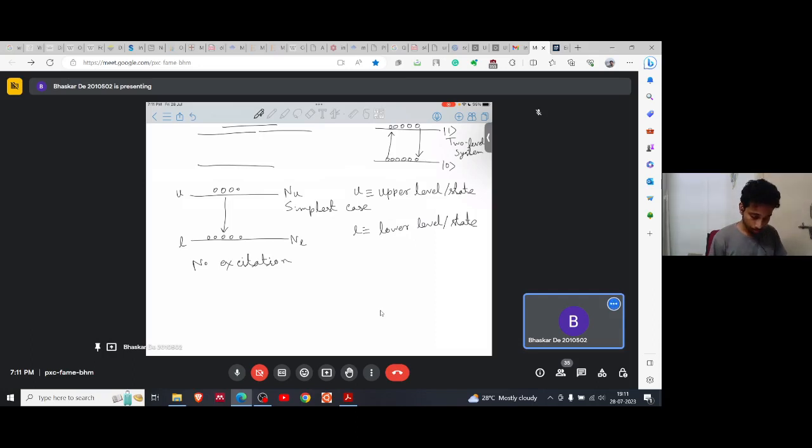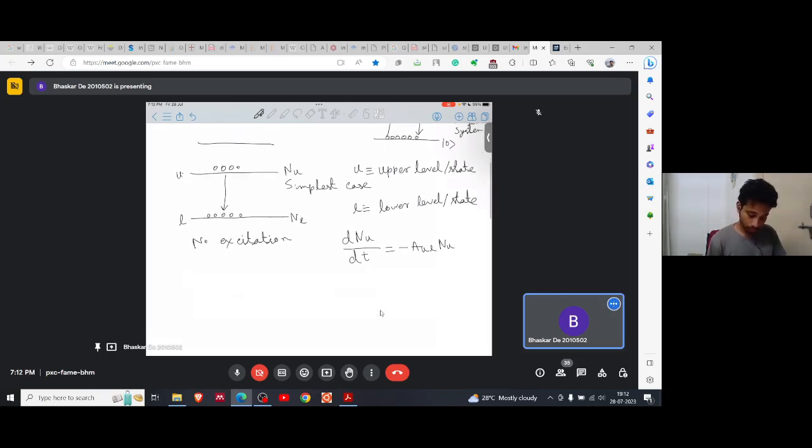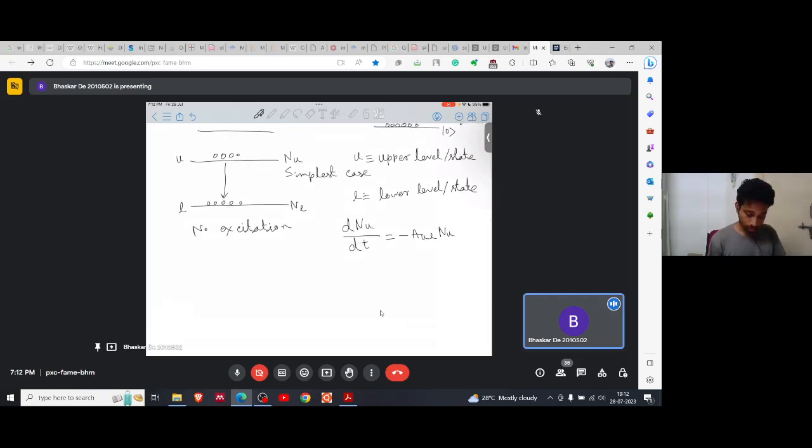Here this decay generally follows this kind of differential equation: dNu/dt equals minus Aul Nu. Basically here dNu/dt is the decay with time.